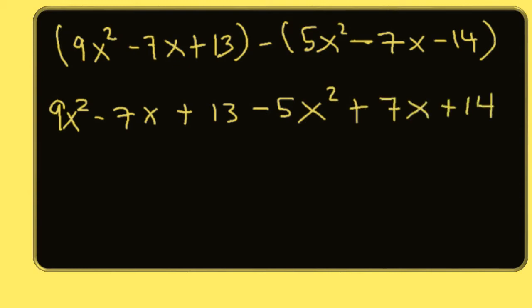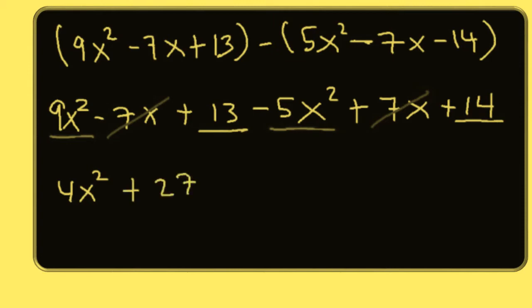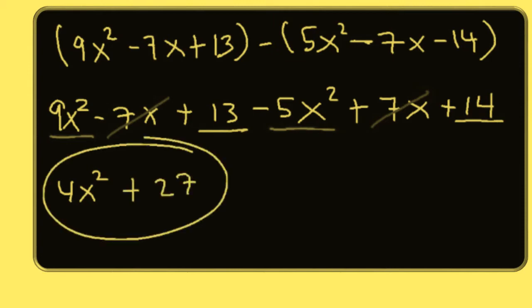And now let us combine like terms. 9 minus 5 is 4, so it is 4x squared. Negative 7x plus 7x is 0, so they will cancel, and 13 plus 14 is 27. So the answer is 4x squared plus 27.